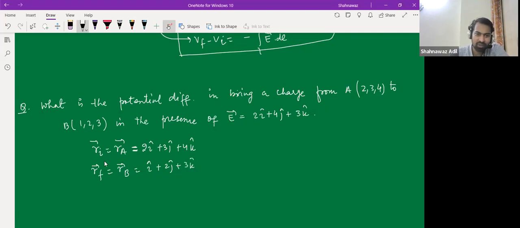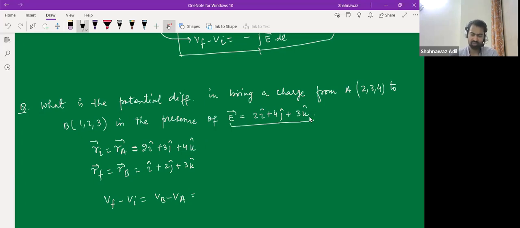Okay, so now we know R initial and R final, right? And we have to calculate V final minus V initial, which is VB minus VA. But before that, what is this electric field, uniform or variable?